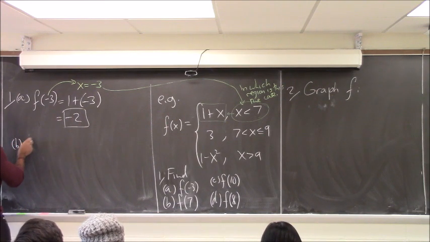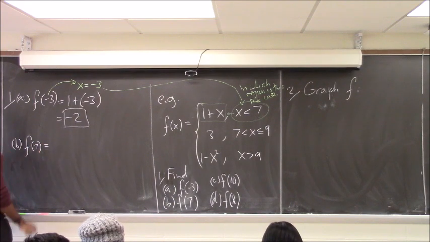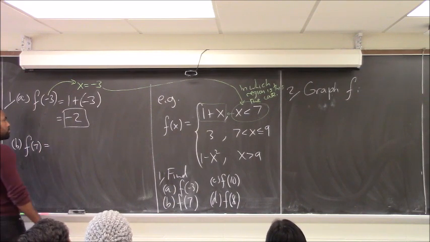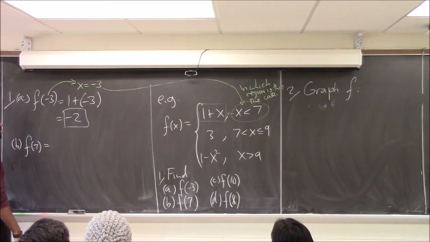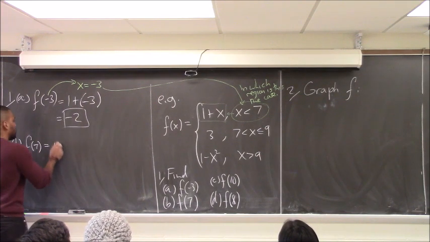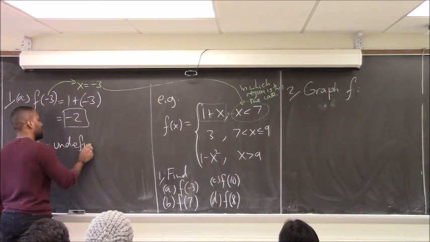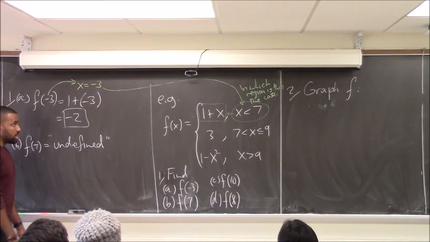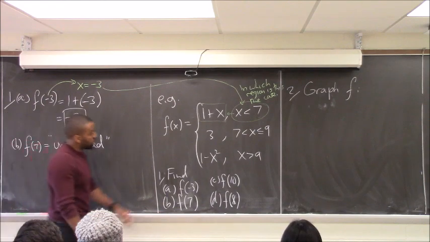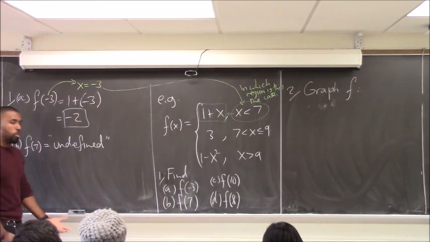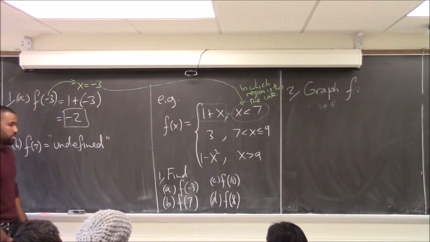B. What is f of 7? We call this undefined. The function is not defined at 7. I know what it is when it's less than 7, when it's greater than 7, but at 7, I don't know. Don't make up some number if it's not defined for you.